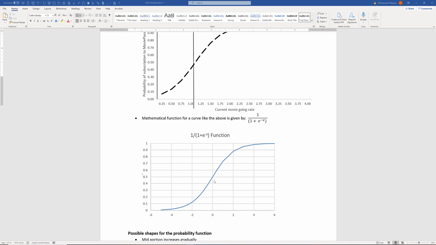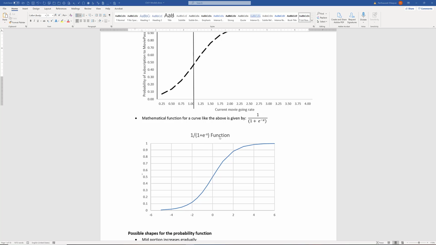Then you get a probability smaller than 0.5, and the further you go out here, the more the current movie going rate falls below the break-even point, the larger the negative value of x will be, and the smaller the probability will be. The opposite is true on this side. So that works out really well.